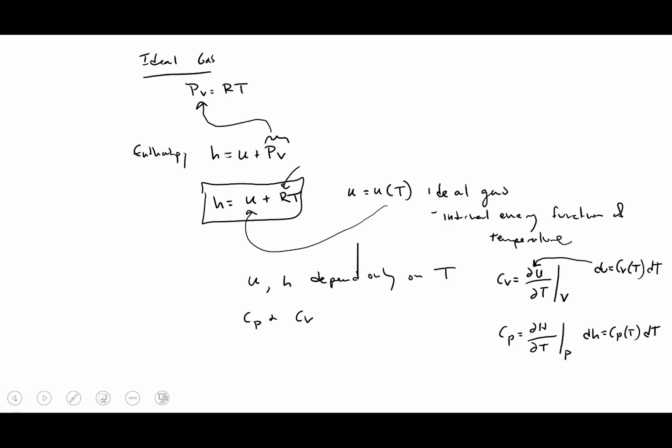So we have du is equal to C sub V of T dT, and dH is equal to C sub P of T dT. Remember, the reason I could replace the partial derivatives with an ordinary derivative is because C sub V and C sub P are functions of temperature only for an ideal gas.